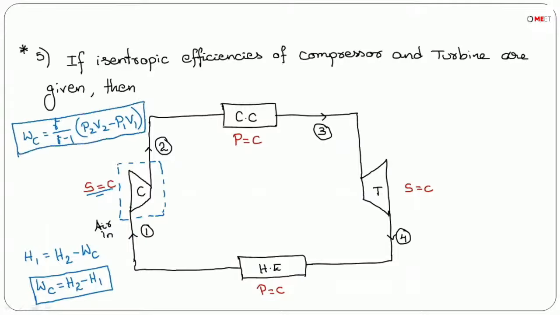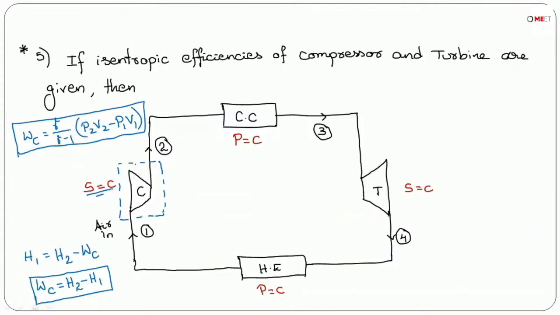So this is the work input given to the compressor by considering a control volume approach, or by using the formulas of an open system. Try to understand here. Previously, when we learnt about Otto, diesel and dual cycles, we came across closed systems.